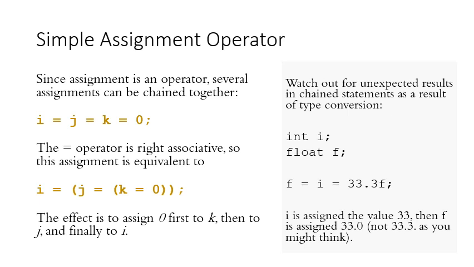So when we have assigned 33.3f to I, the value will now be 33. Now, this 33 will be assigned to your float variable f. So the value of f now is not 33.3 as you might think, but 33.0, because of type conversions. So you have to be careful regarding this kind of issues.